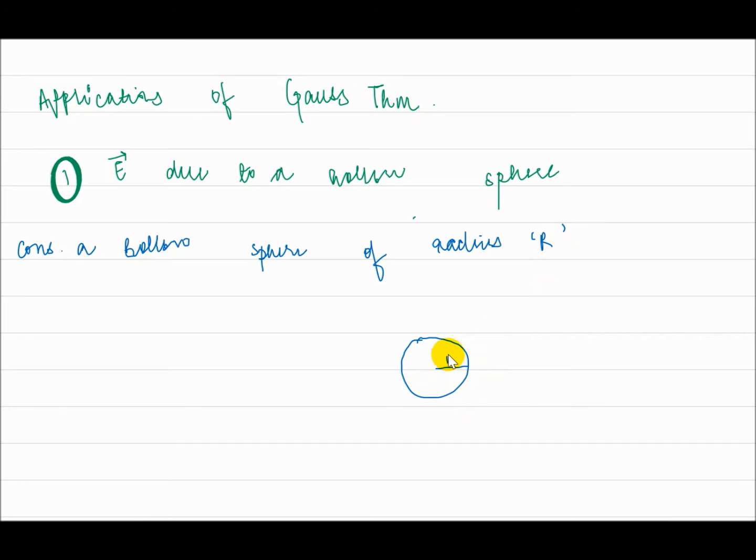This is radius r and charge q. The charge on this sphere is q. Now we'll do this in cases. So we have case 1. We'll find electric field outside the shell.